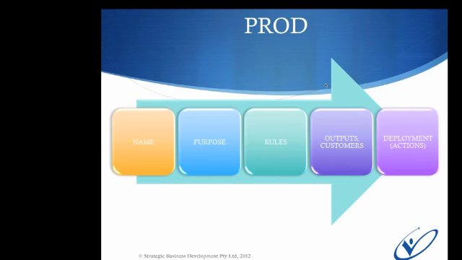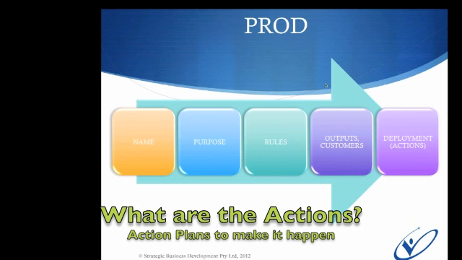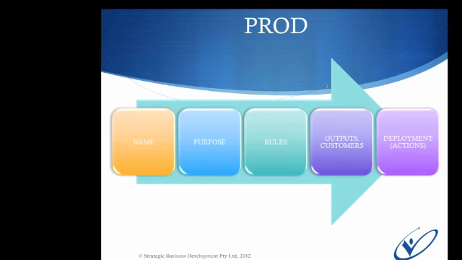Now the last thing, the D of PROD, is about deployment, which is really your action plan, or the action steps you need to take in order to put it together. On the template there's a space for you to put in the action steps, who's responsible, and when the timing needs to be. For our newsletter, the first step could be we need to update our mailing list.